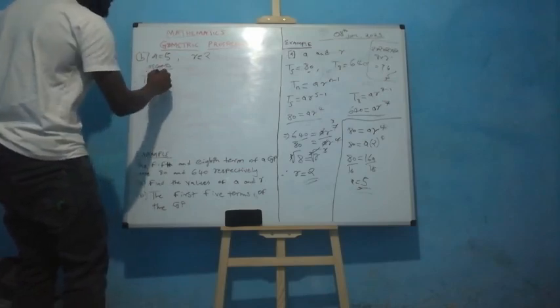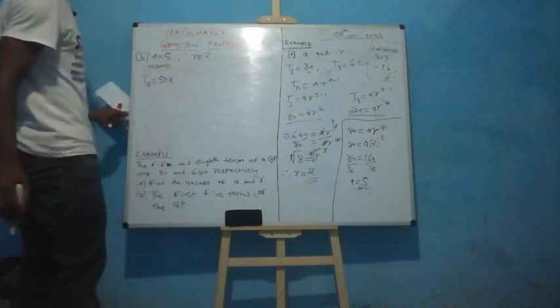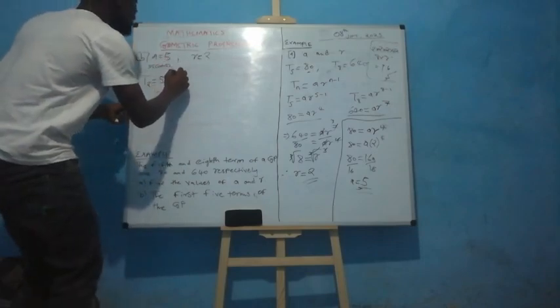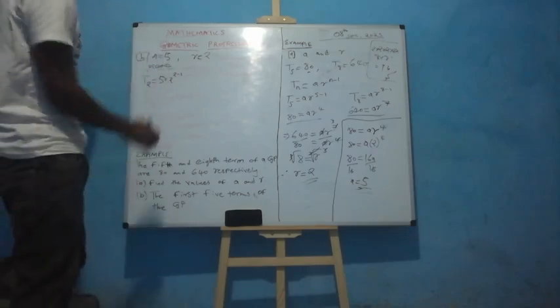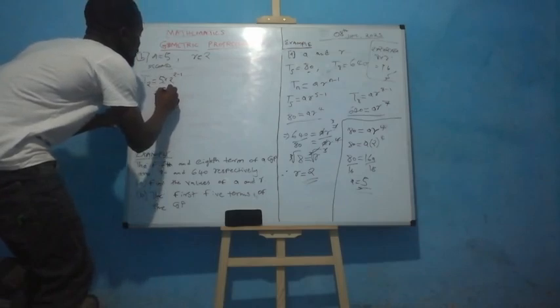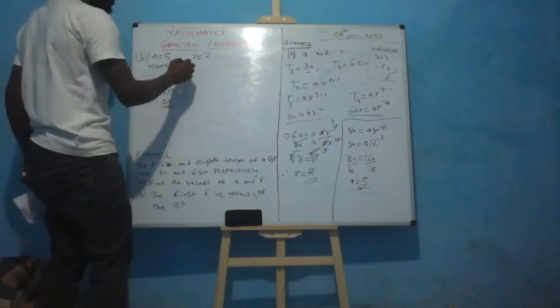Okay, 5 multiplied by our r, which is 2, raised to the power 2 minus 1, since our n for this particular problem is 2. Okay, so this shall be equal to 2 multiplied by 5, and this shall give us 10. This is our second term.